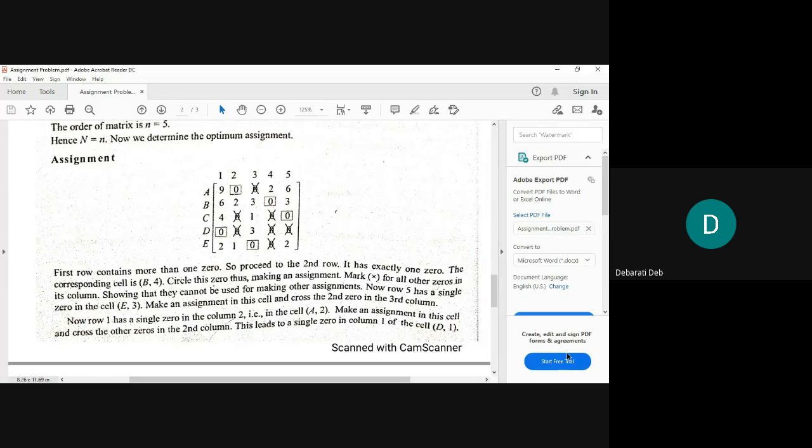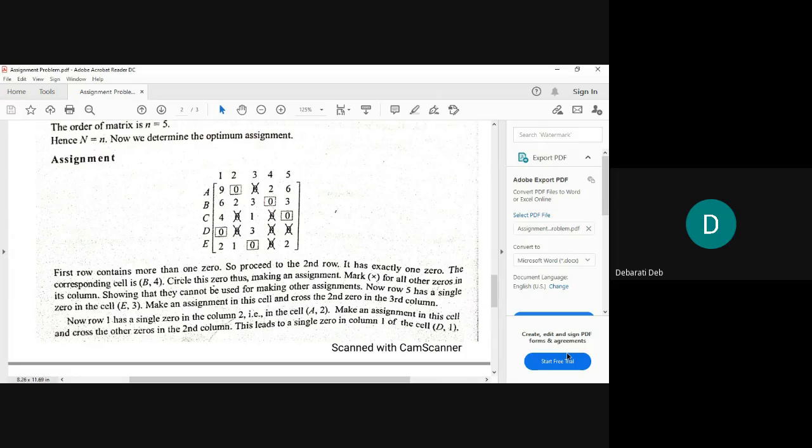Those crossed zeros will not be considered anymore. Then, with a fresh copy in front of you, tell me which is the next row having exactly one 0.